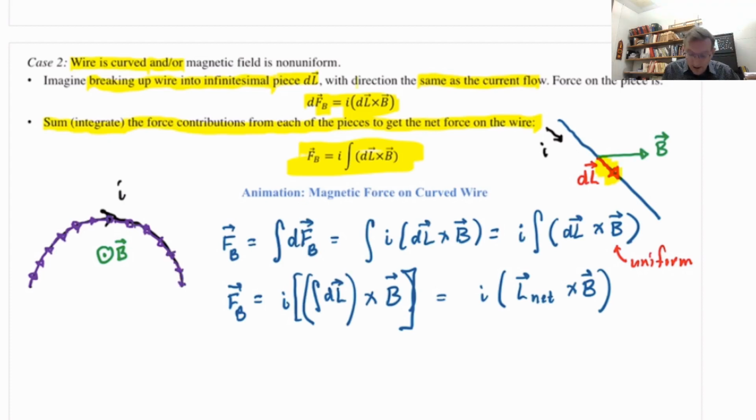And when you add them all up, you'll just get an effective L going straight across the diameter. That's the L net. Okay? And of course, the L net, if I think of this half circle, there's the center, having a radius big R, then the length of that L net, of course, is just 2R.